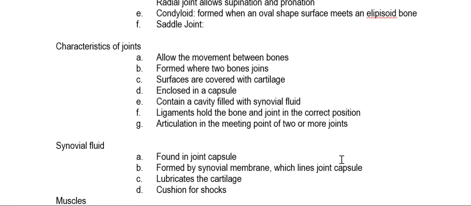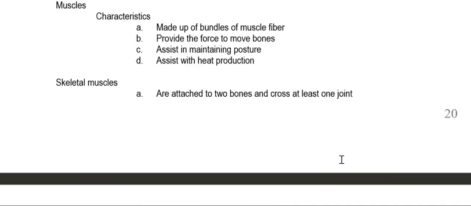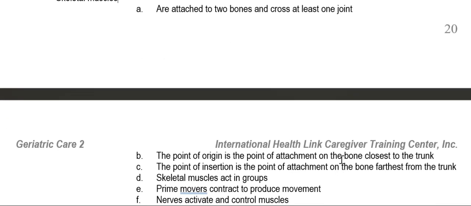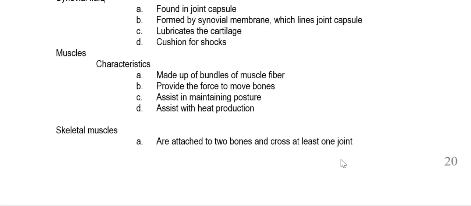That is also the reason why if you're going to jump, because of the synovial fluid, you would feel no pain at all or less, 'di ba? But if you become elderly, because of the absence of synovial fluid, you will suffer from arthritis. Do you get me? Next is muscles.